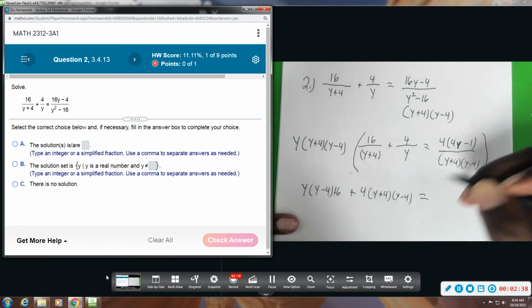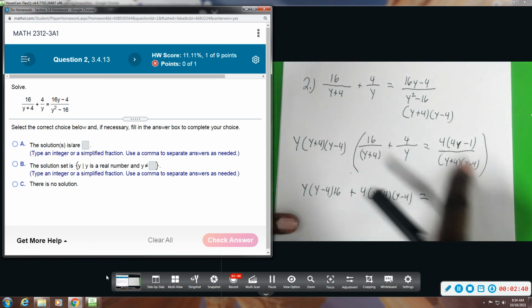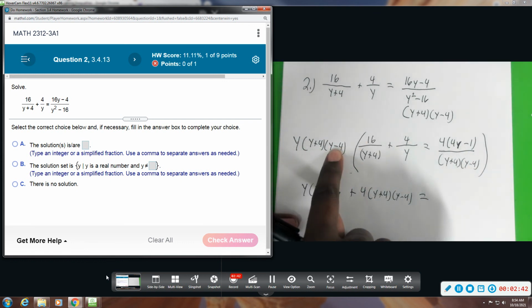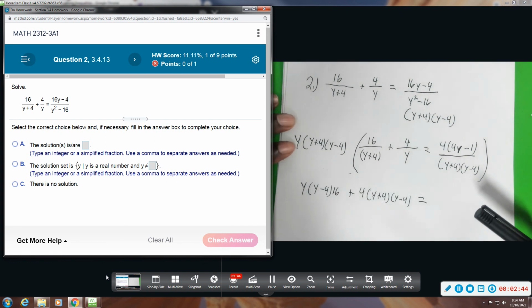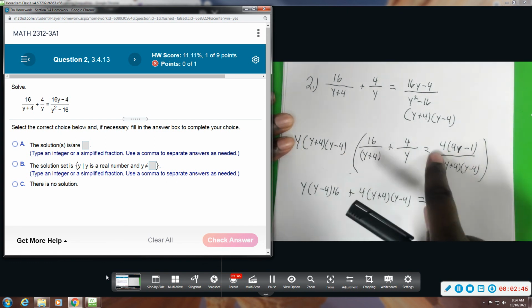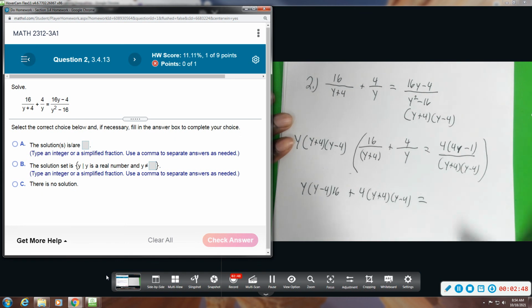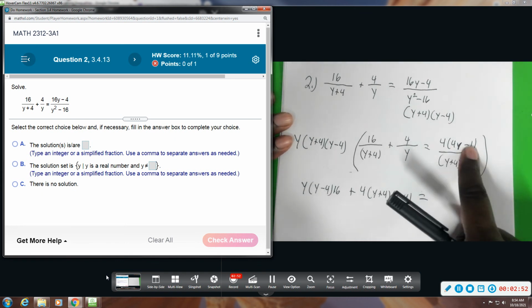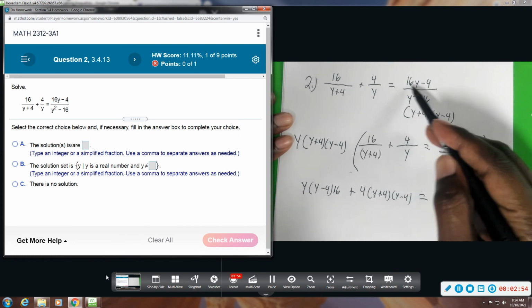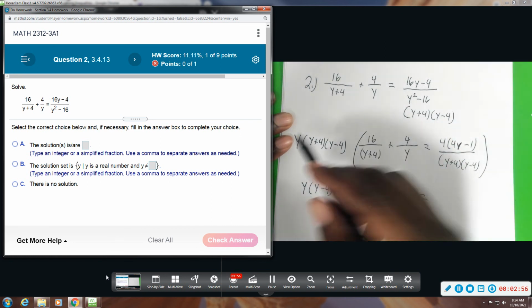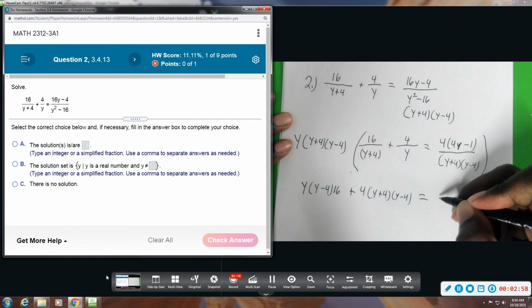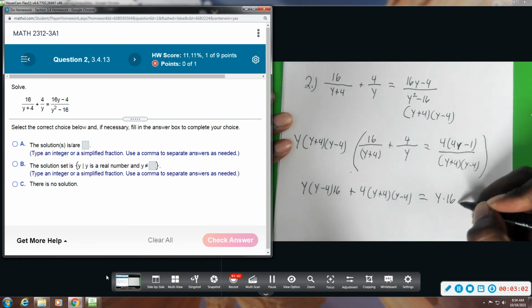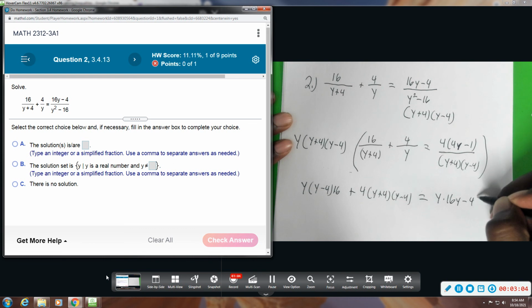And then equals, when I multiply this expression times here, the y plus 4, y minus 4 will cancel, leaving us with y times this numerator. So nothing's going to cancel out. I was wondering with the factoring part if something will cancel out. So I'm just going to put this back as 16y minus 4 times y. So we're going to do y times 16y minus 4.